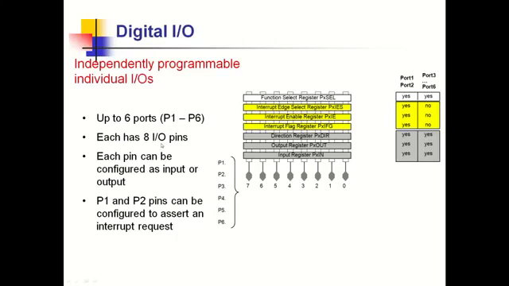Each is having 8 input output lines. So you can configure them either input, or you can make them as output. But the most unique feature of MSP 430 is port 1 and port 2 can be configured also as interrupt request. So they also generate an interrupt as and when there is a change of state on the particular pin is detected. So the sensitivity of the pin can be programmable.